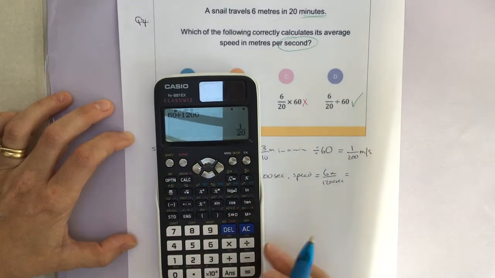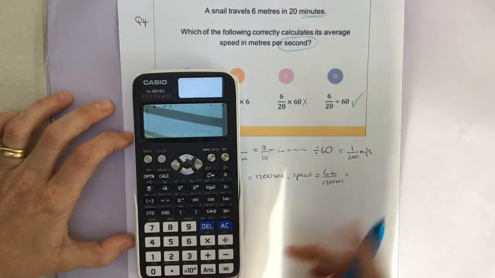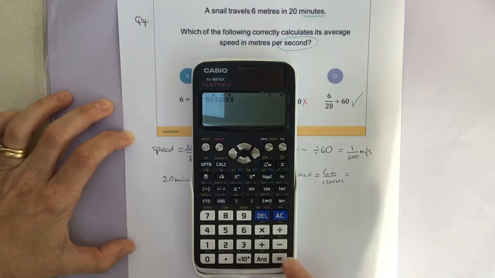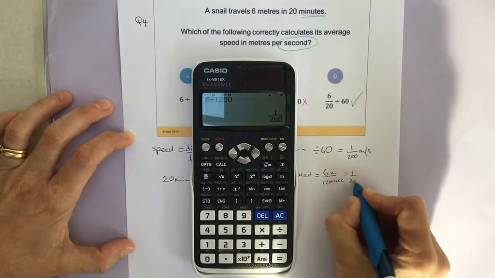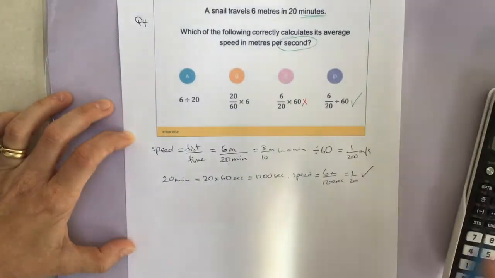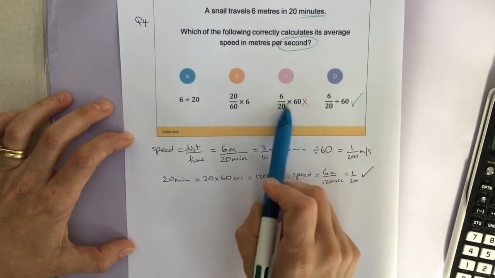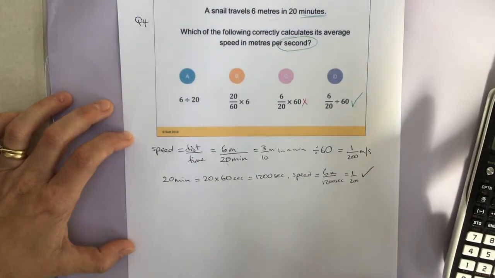Let me just check, sorry, make sure I type that in right. 6 divided by 1,200 is definitely 1 over 200, so that's definitely right. But the most common wrong answer here is where people have just got the conversion into seconds wrong. Okay, that's our first one.